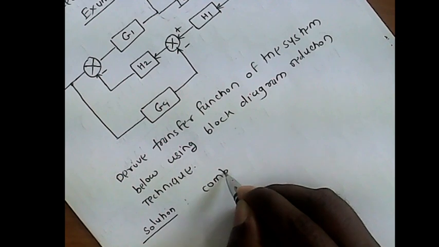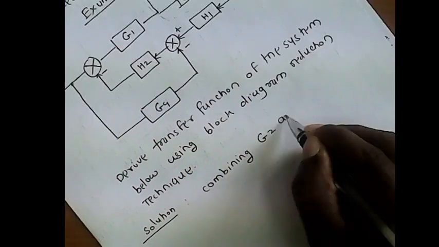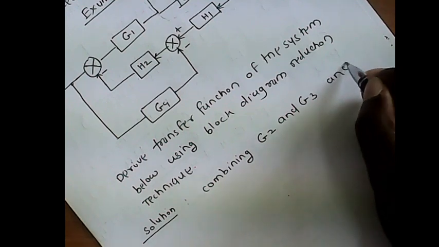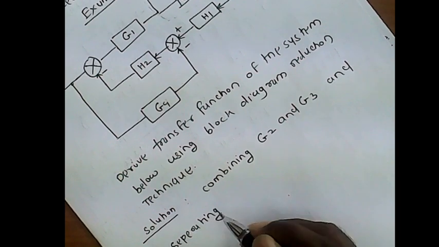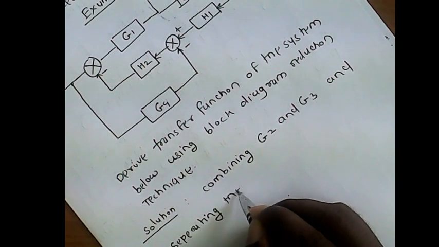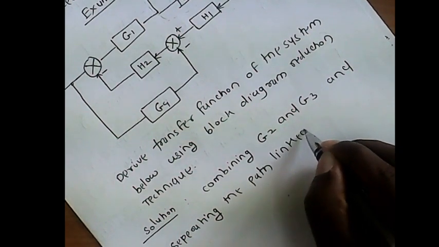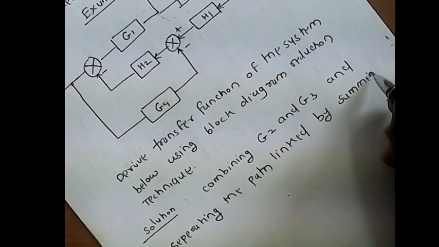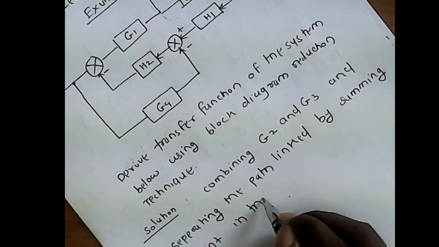Combining blocks with gains G2 and G3, and separating the path linked by the summing point in the feedback path.